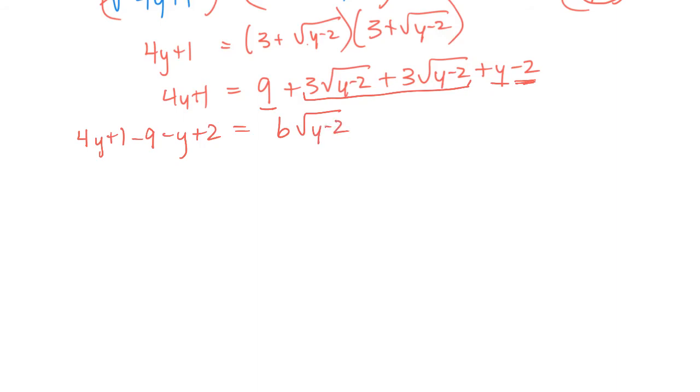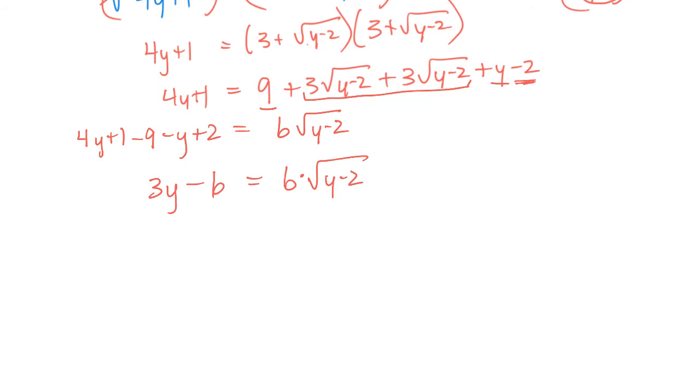Okay, collecting like terms on the left side, it looks like I'll have 3y. 1 take away 8 is negative 8, plus 2 would be a negative 6, is equal to 6 root y minus 2. Now, I know I want to isolate the radical, but here, if I divide both sides by 6, I'm going to get a fraction on this left side. So I might just leave it as is and just square things as they sit.